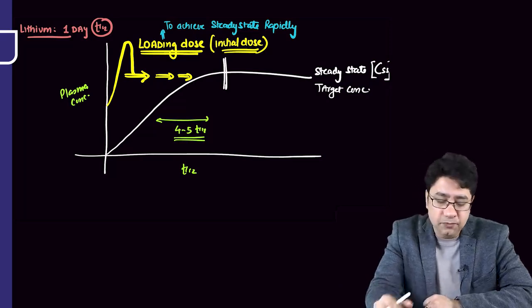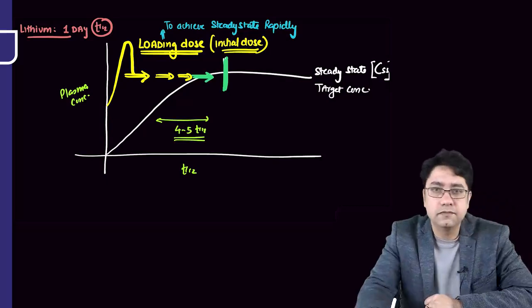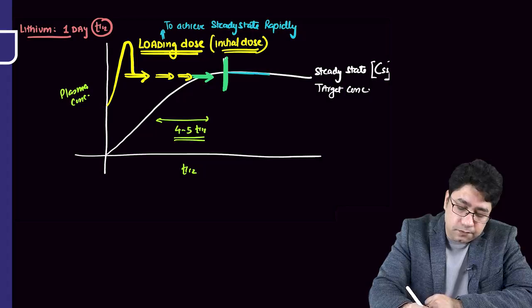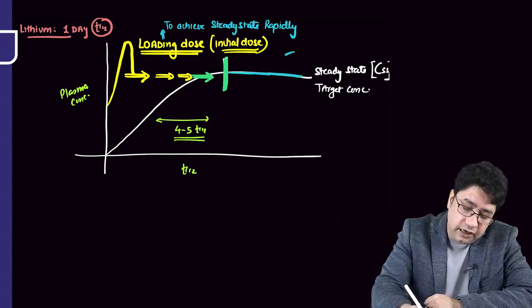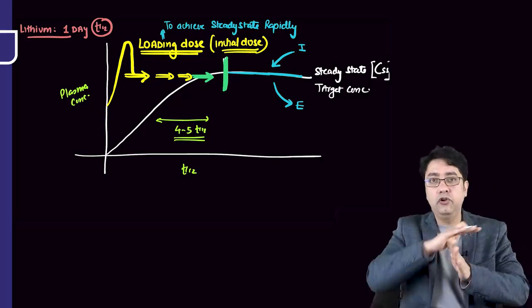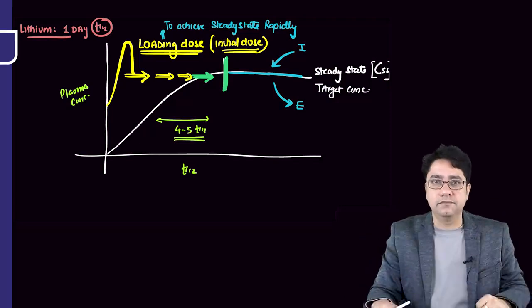Okay. Now next point. Now you have achieved this steady state concentration by giving a little bit higher dose. Now at steady state concentration beta, we know the rate of infusion becomes equal to the rate of elimination. Now we want to maintain this steady state for the long term.